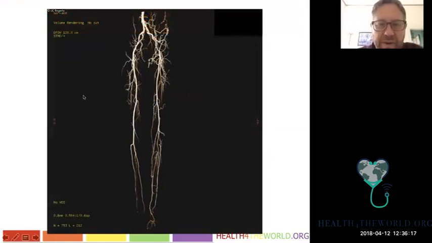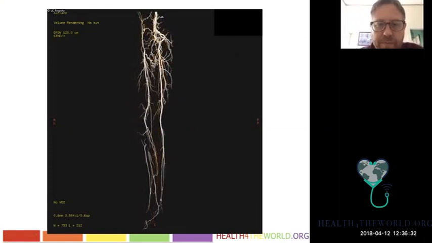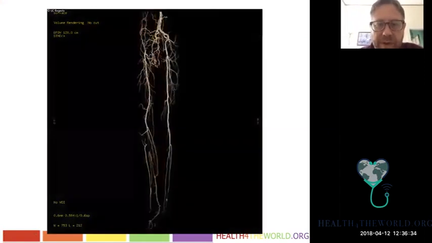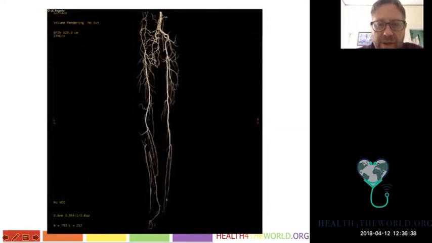But what we have here is a volume rendered CT scan, where we see the vessels displayed out. And let's go through this. So think about what's going on and we can talk about it. Here you can see that there's a narrowing here. This is the left common iliac artery.